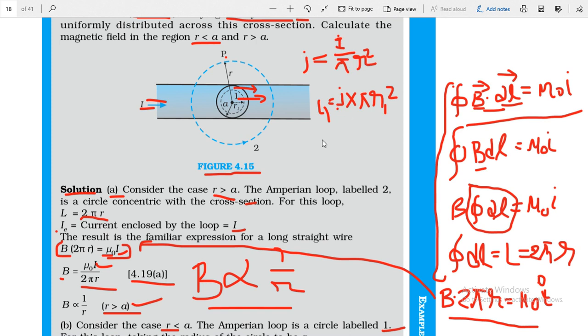So it will be I1 is equal to I, total current, upon pi r square, into pi r1 square.